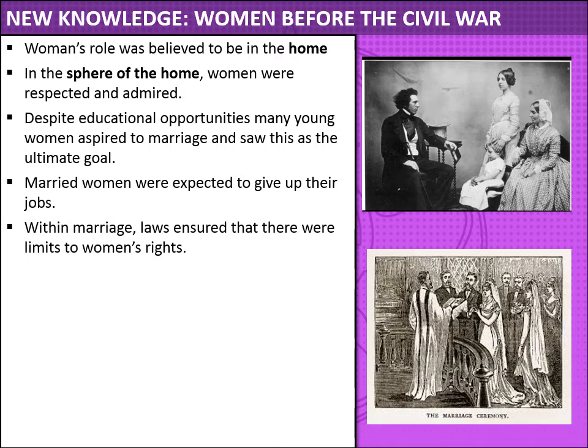There was also some inequality within marriage because quite a lot of laws ensured that women had less rights than their husband. So an example of this is that if a woman had property before her marriage, that property became her husband's. And so if the marriage broke down, that often left that woman without that wealth or that property.